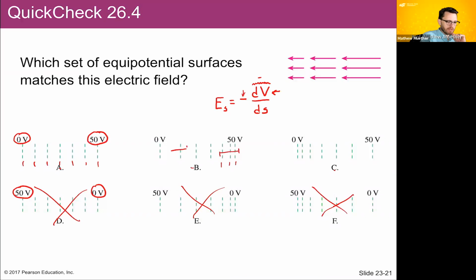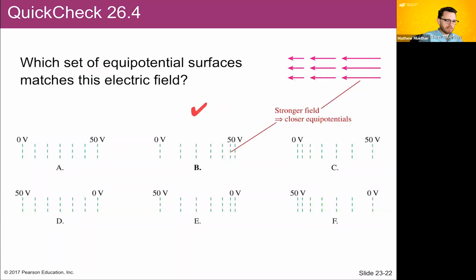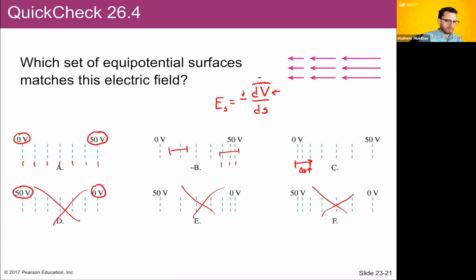Or if I travel that same distance over here, I'm crossing 1 equal potential line, so my electric potential is still varying, but it's varying more slowly in space out in that area. Over here, again, my delta V change in potential is higher in this region in space than over here.